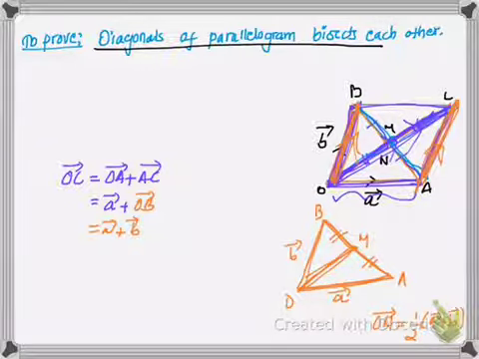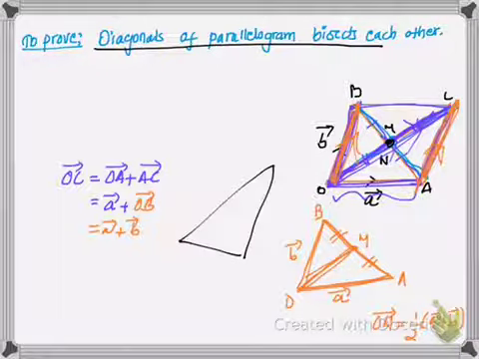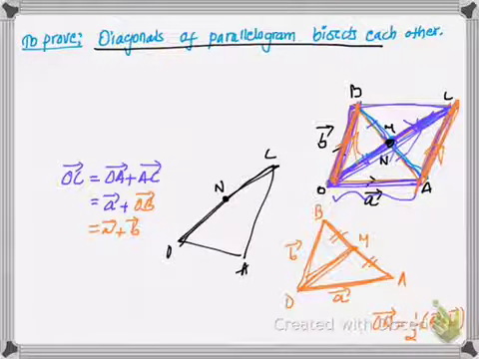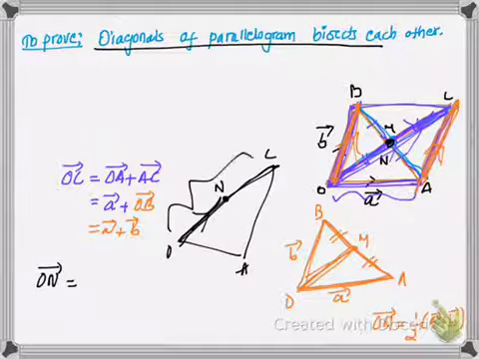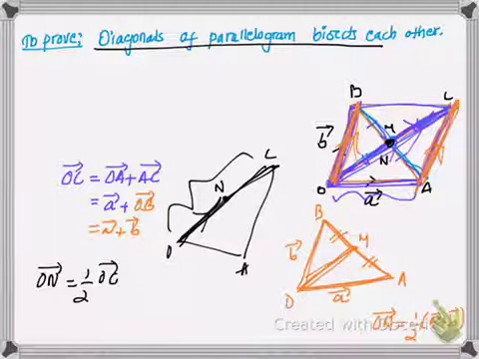Also, what I know is that if I look into this triangle OCA, N is the midpoint of this diagonal OC. So since N is the midpoint of diagonal OC, we can say that ON, moving from point O to N, is half of moving from point O to C. We're considering the length here and the direction is the same.